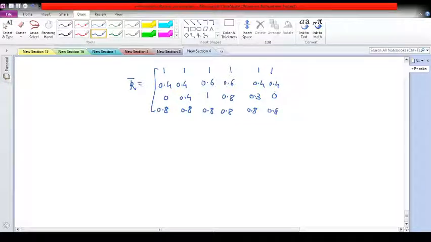Okay, and what was A bar? A bar was given as 0, 0.6, 1 and 0.2. Last example which we have seen.